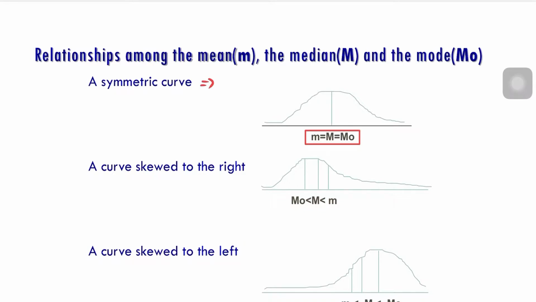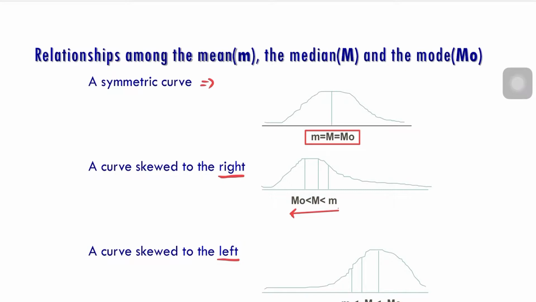But if it is skewed to the right, the mean is bigger than the median and bigger than the mode. If skewed to the left, the mode is bigger than the median and bigger than the mean.